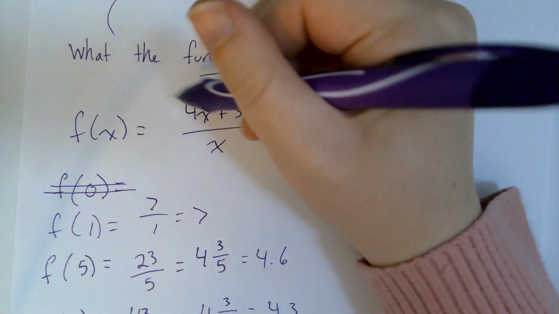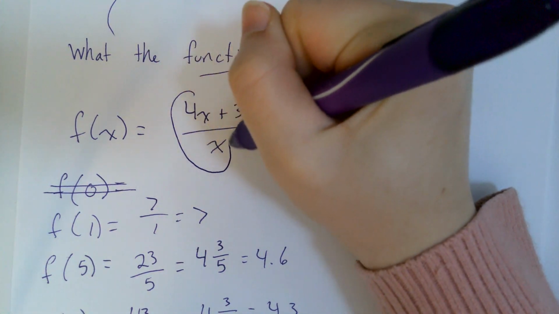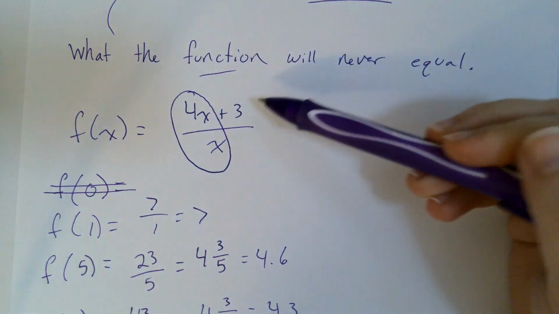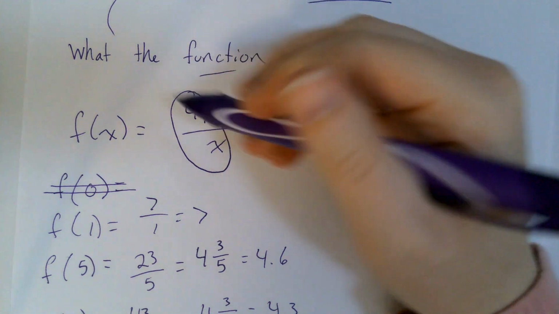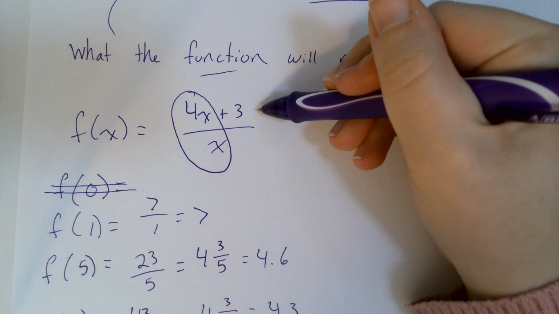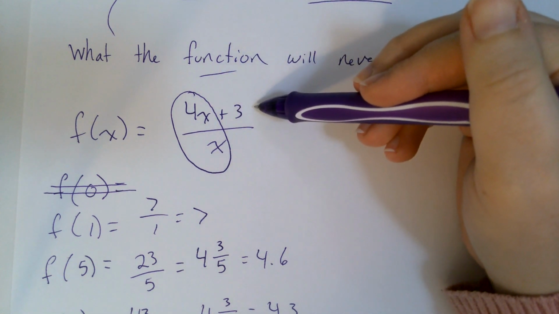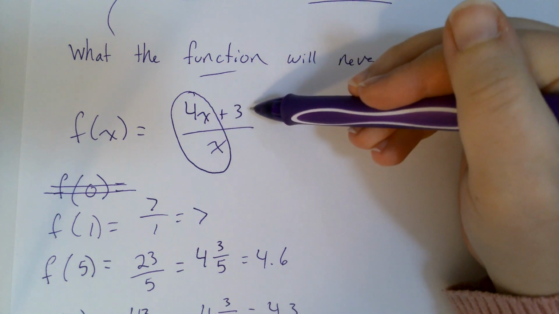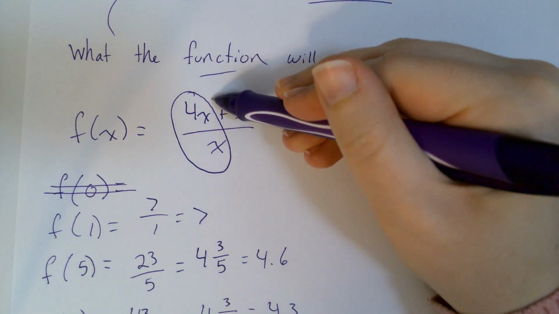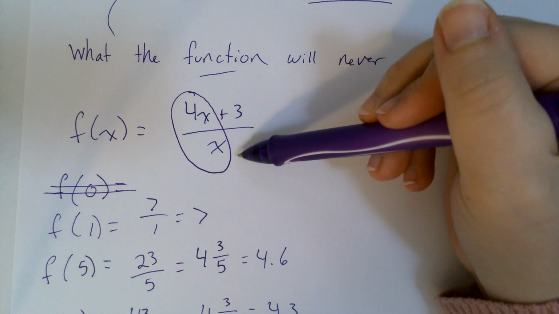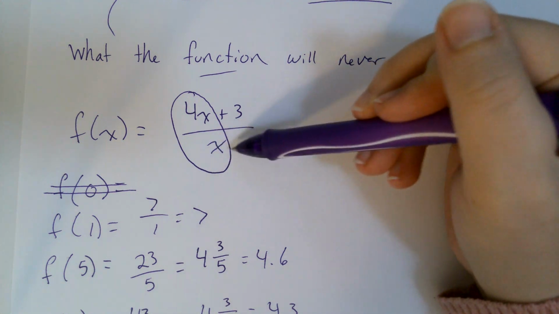You can also, if your degree is the same on top as it is on bottom, so if we think about the numerator, the part on top, as a polynomial, which it is, the degree of this polynomial on top is 1 because the highest exponent on the x is 1. And then the degree of the polynomial on bottom is also 1.